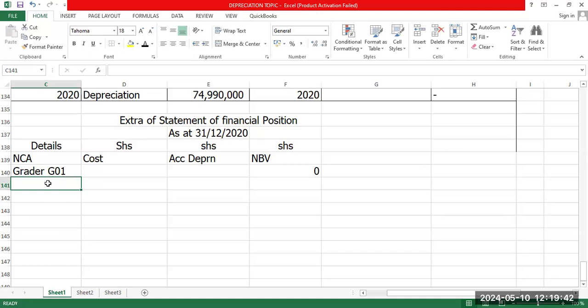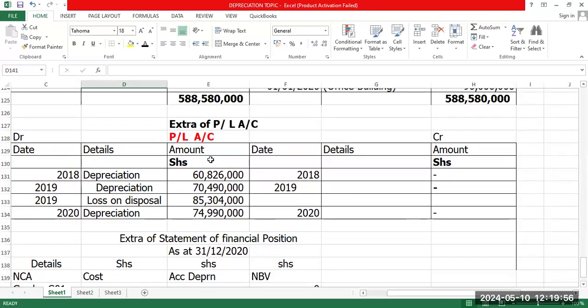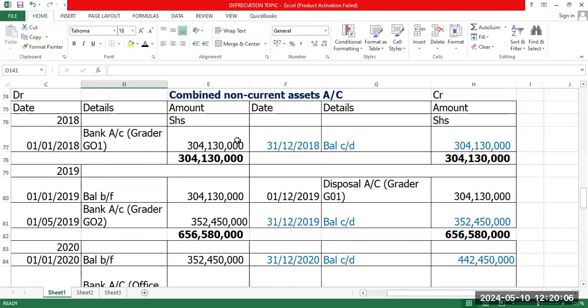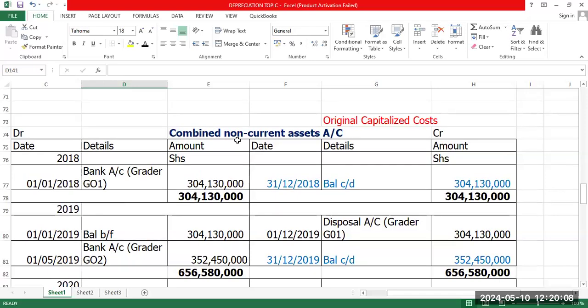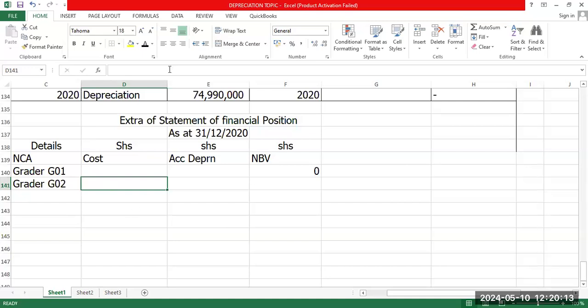Then grade 2, as at this date, you go back here to your asset account and copy.